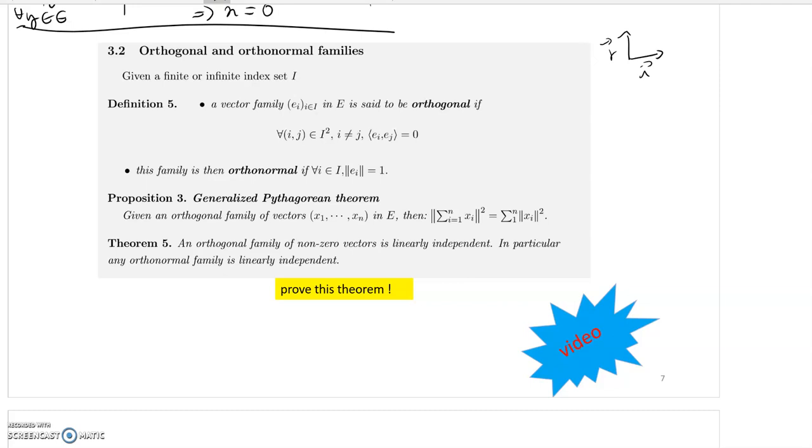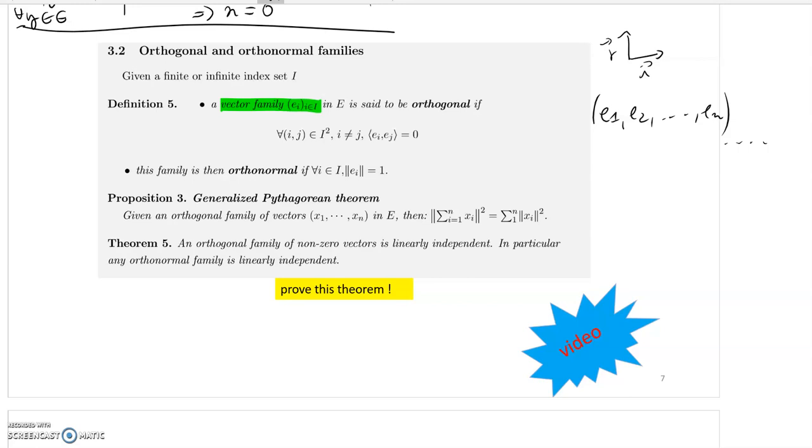So we have a vector family, so we've got some e_i for i belongs to I. It means that I've got some vectors e1, e2, etc. It can be a finite family like this or an infinite family like that. We will say that this family is orthogonal if they are orthogonal 2 by 2.